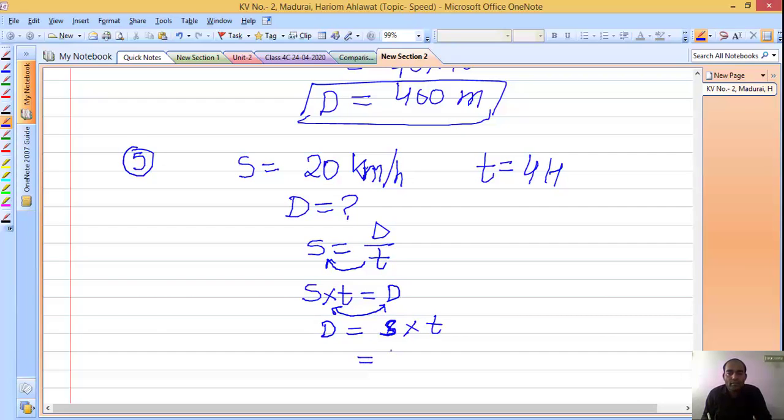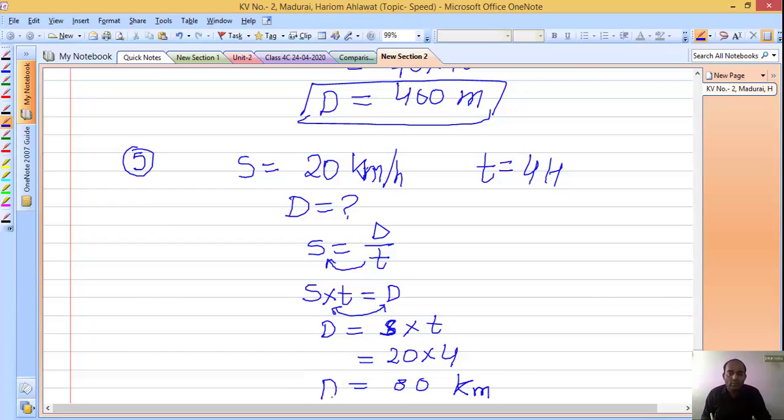What is the speed? 20. What is the time? 4. 4 twos are 8, so 80 kilometer.